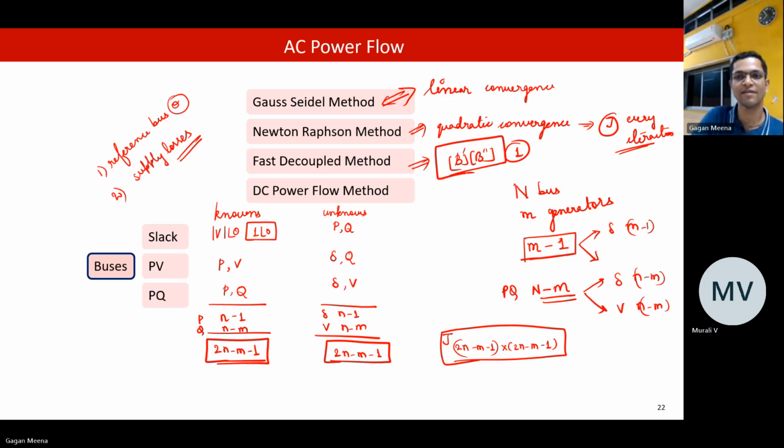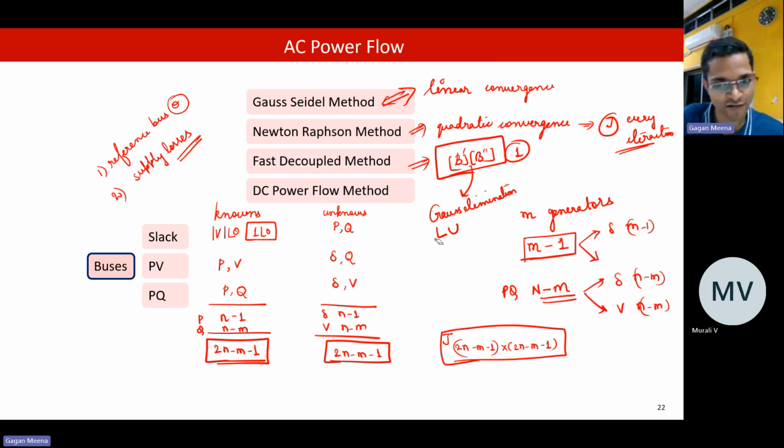And we can find their inverse using Gauss elimination, triangular factorization and LU decomposition. Generally, we don't use Gauss elimination, we use LU factorization.